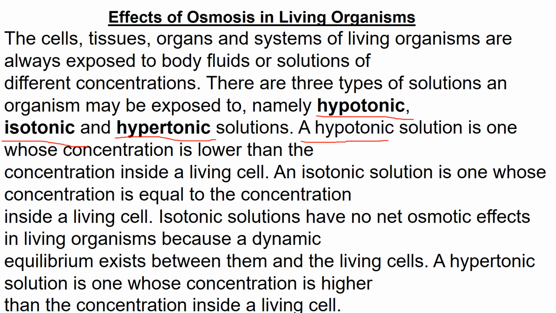Iso means equal. Hypo means lower concentrated than the cell. Hyper, a solution whose concentration is higher. Okay, so let us look at a diagrammatic form of these three types of solutions.